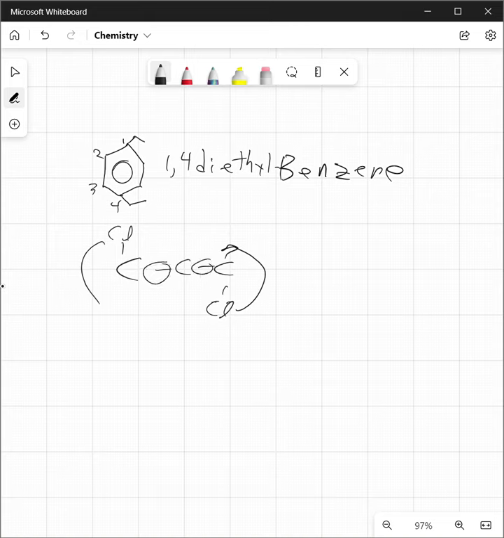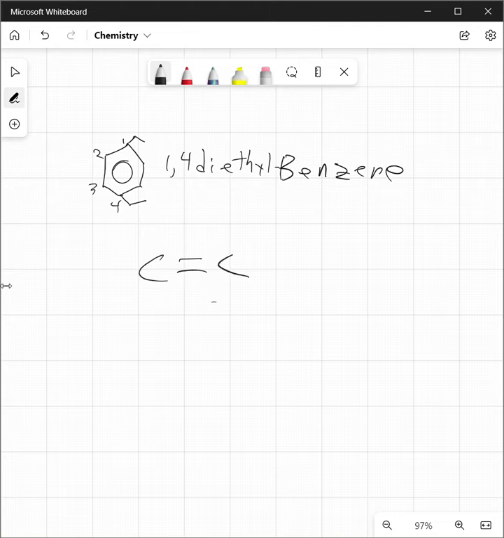Now things get interesting when we have double bonds and triple bonds. So we have ethene. It doesn't matter if we have hydrogens attached there because it doesn't matter which hydrogen is where.